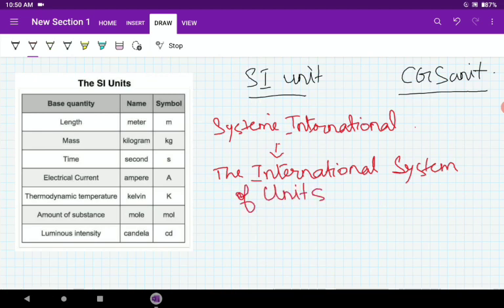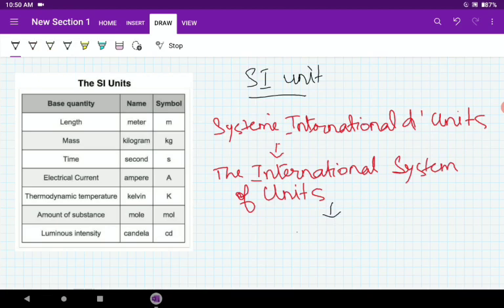Actually, the entire word is System International D units. Okay, so this means it will be creating confusion, that thing. System International D units or the international system of units which are most commonly used, and this is known as the SI units.